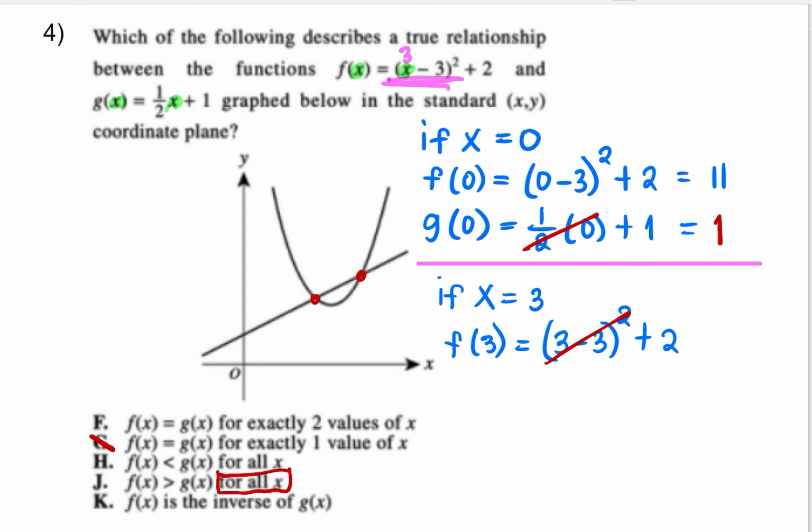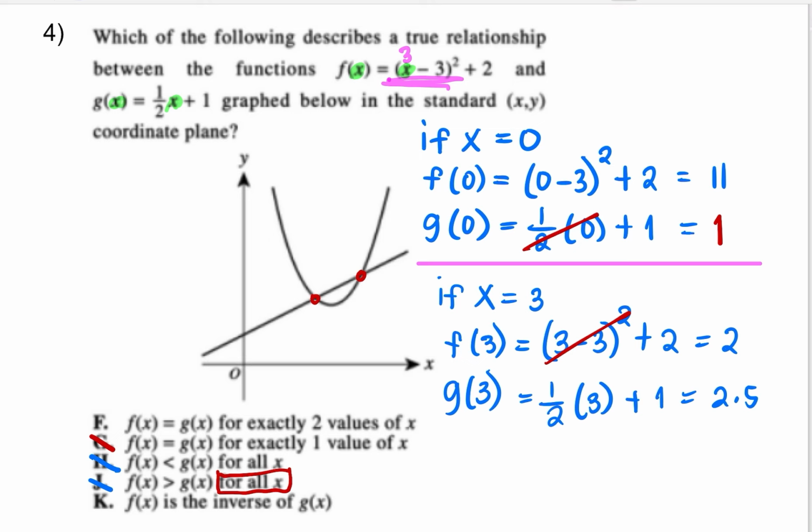So this is equal to 2, while g of 3 is equal to 1/2 times 3, which is 1.5, plus 1. That makes it 2.5. So that would cancel out J in this case. And if f of x is less than g of x for all x, that cancels H as well. So this explains why we cancel these 2.